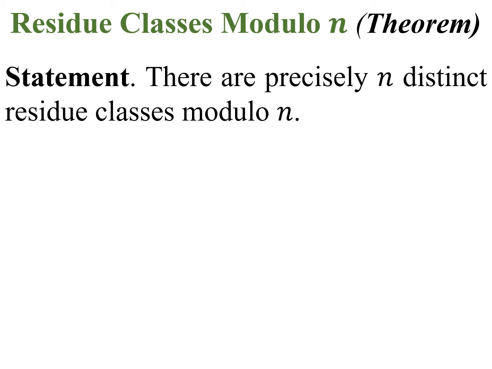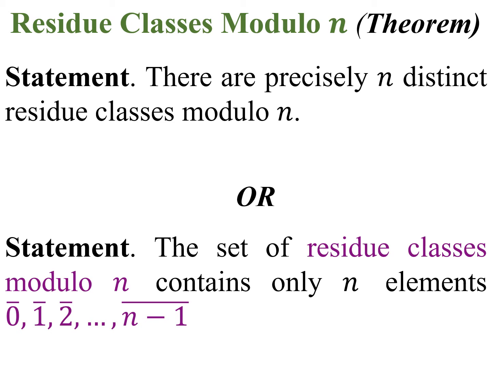We have to prove that there are precisely n distinct residue classes modulo n. This is very easy to verify. This statement can also be written as: the set of residue classes modulo n contains only n elements, that are class of 0, class of 1, class of 2 up to class of n minus 1.